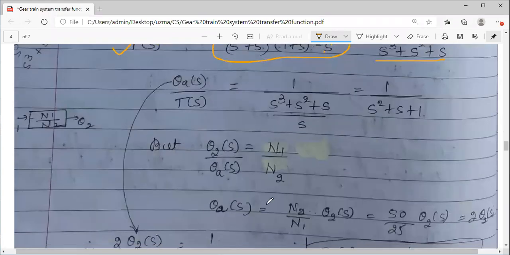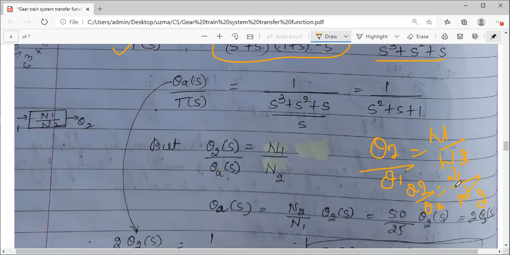Okay, we can see when I take theta 2 by theta 1 is equal to n1 by n2, or not theta 1, we have theta a is equal to n1 by n2.